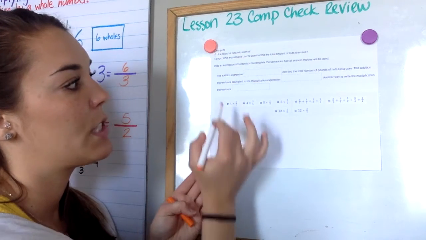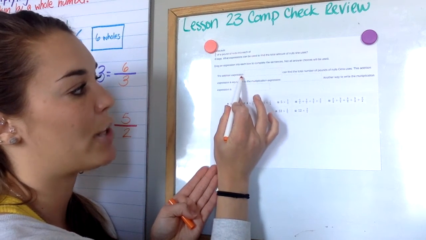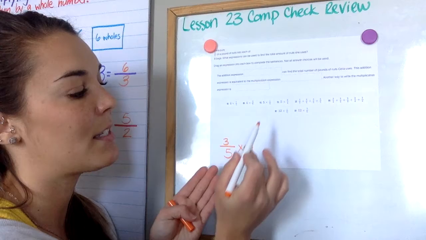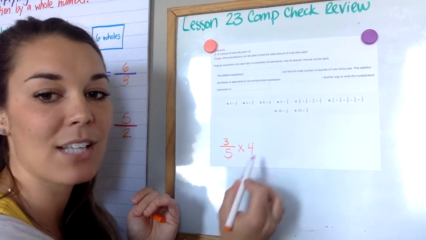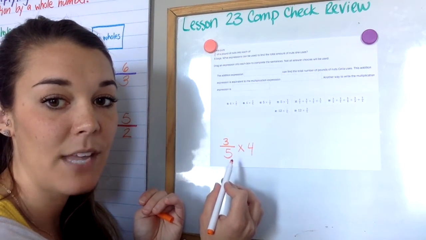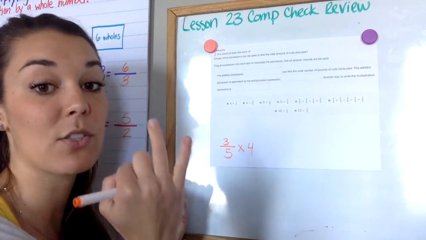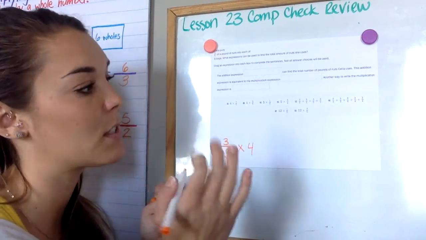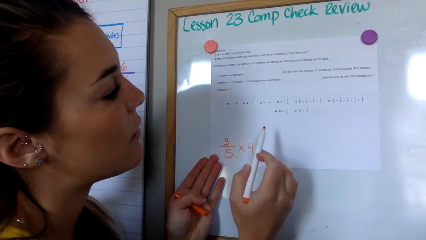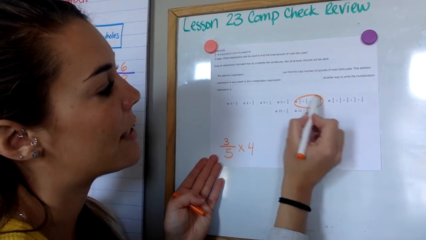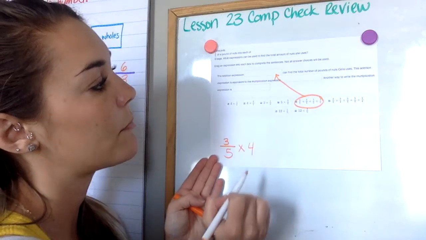Okay? So this says the addition expression is, so what would this be as repeated addition? It's going to be 3/5 4 times. So 3/5 plus 3/5 plus 3/5 plus 3/5. So I'm going to look and see if that's there. Yep, here it is. I drag and drop that there.